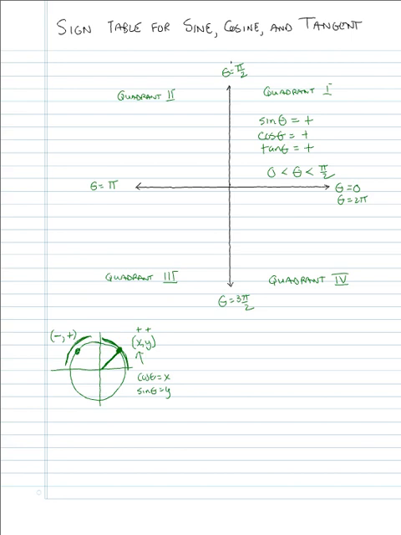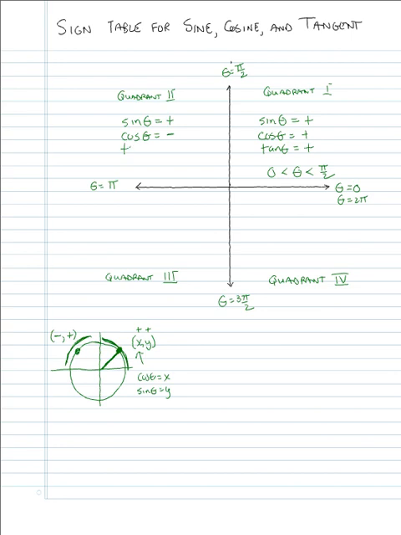And so the sine of an angle that leaves us in here, that's the second coordinate, so sine would be positive. The sine of theta would be positive if we're in the second quadrant. The cosine of theta would be negative because that's the first coordinate, a negative value.